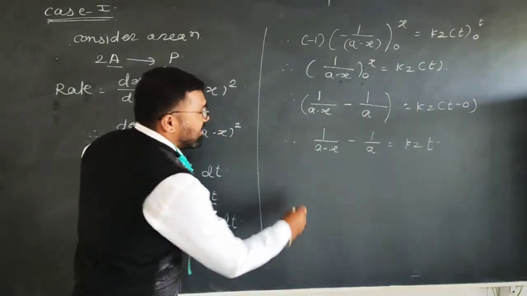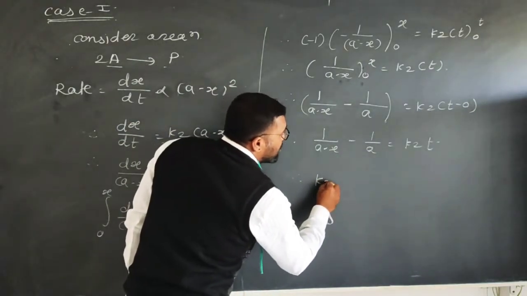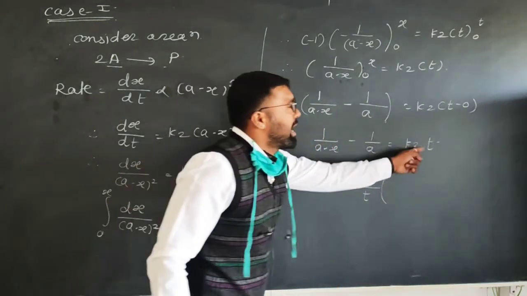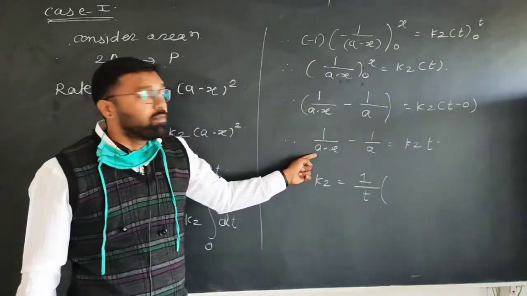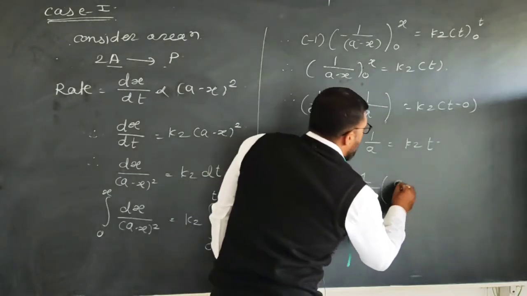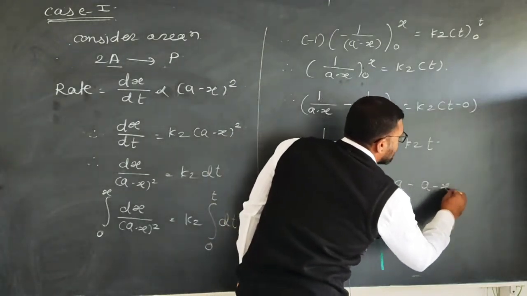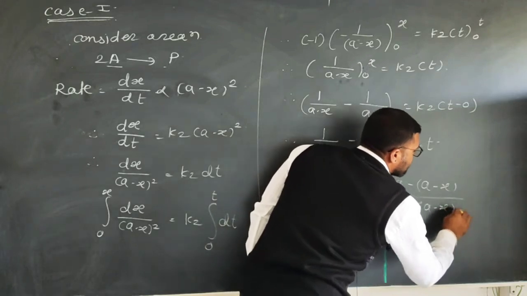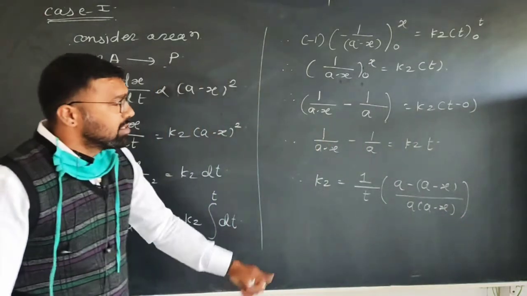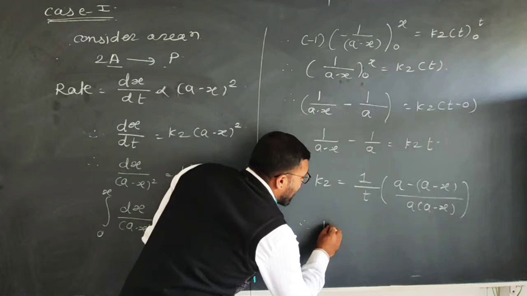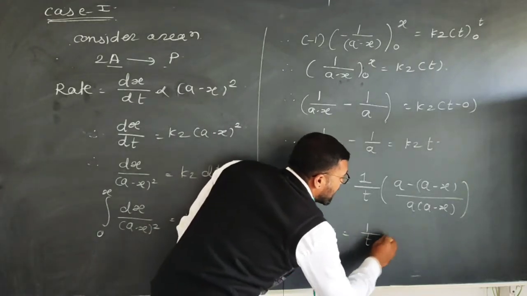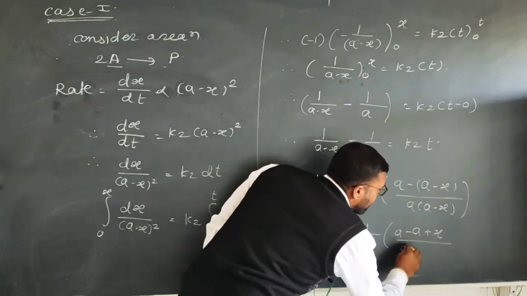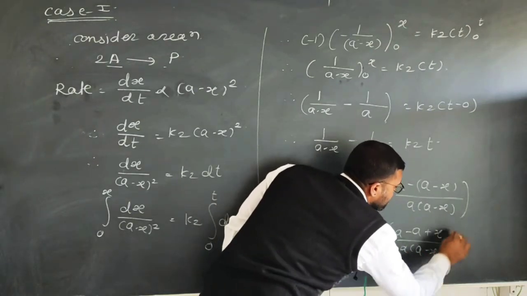This equation can also be written as k2 is equal to 1 upon t, multiplying and dividing. Therefore, a minus (a minus x), divided by a into (a minus x). Then solving this equation we get k2 is equal to 1 upon t, a minus a becomes plus x, upon a into (a minus x).